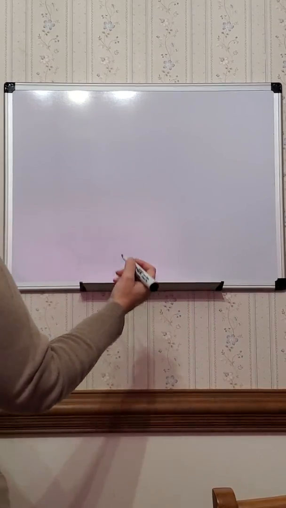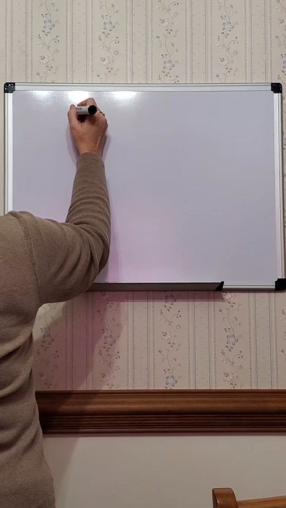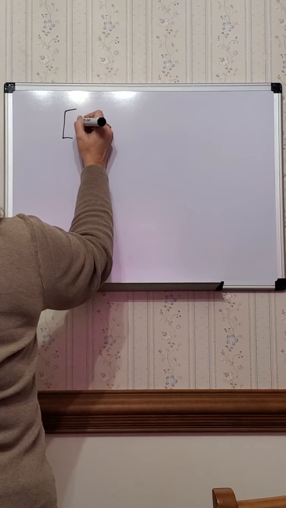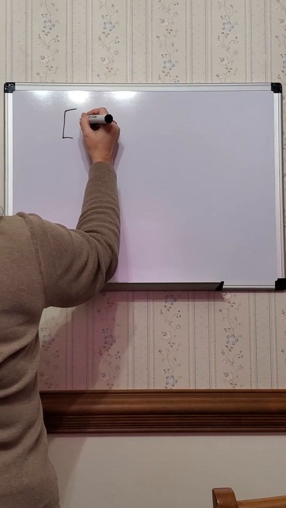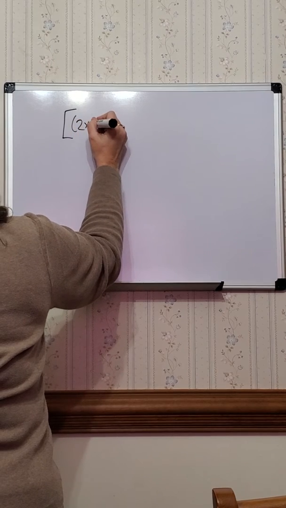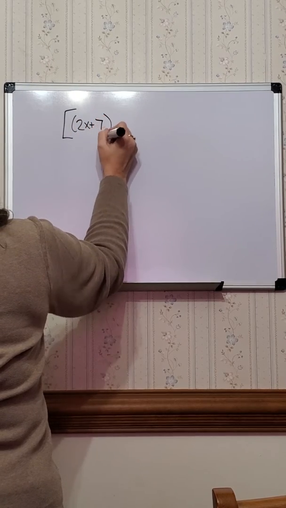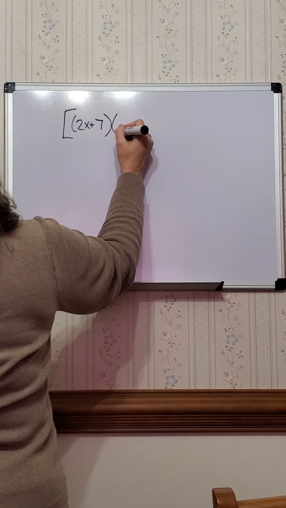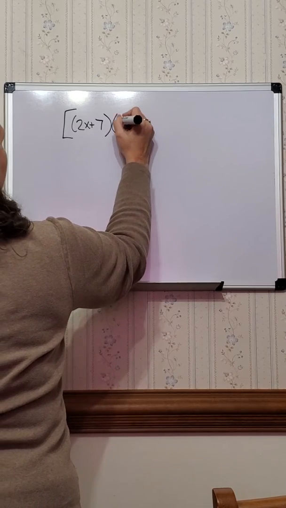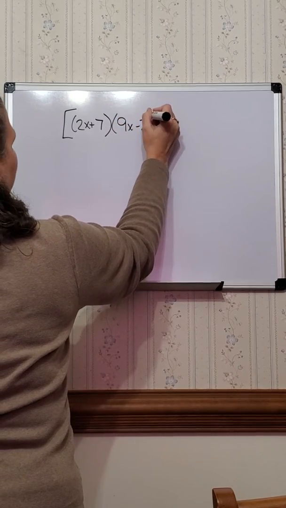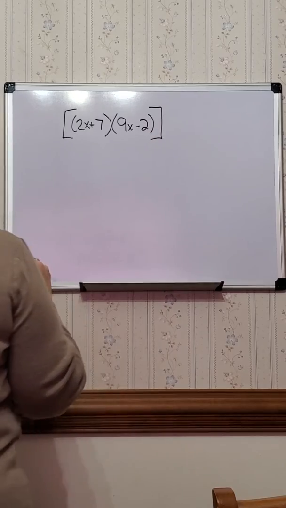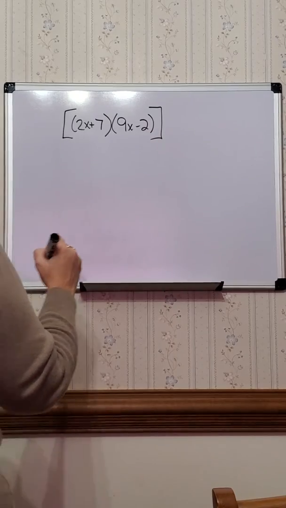So my larger area, and I'm going to kind of put this into brackets here, is going to be 2x plus 7 times 9x minus 2. So that's how I'm going to get my larger shape.